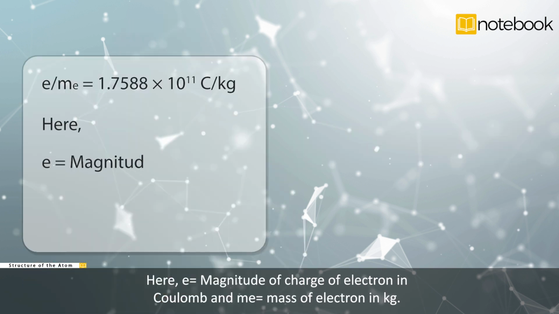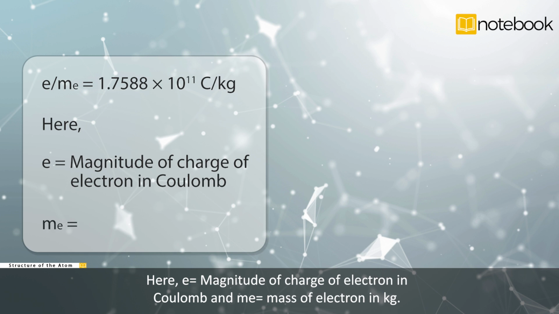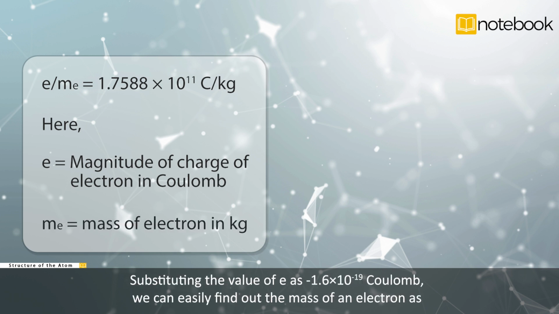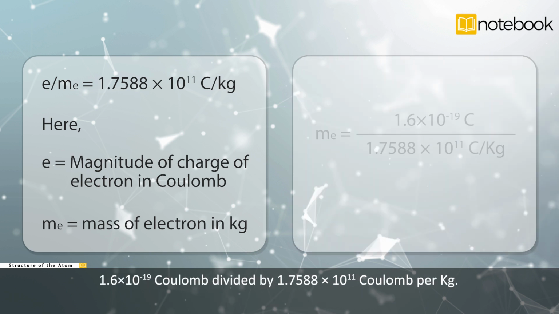Here, e is equal to magnitude of charge of electron in coulomb and me is equal to mass of electron in kgs. Substituting the value of e as -1.6 into 10 to the power of -19 coulomb, we can easily find out the mass of an electron as 1.6 into 10 to the power -19 coulomb divided by 1.7588 into 10 to the power of 11 coulomb per kg.